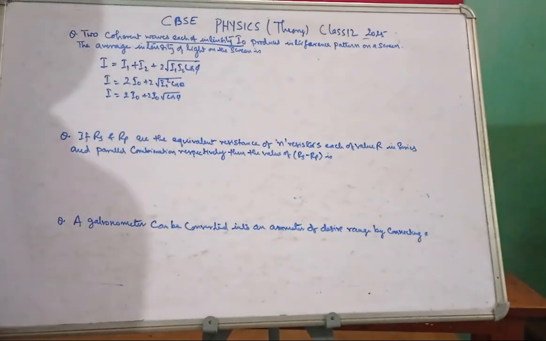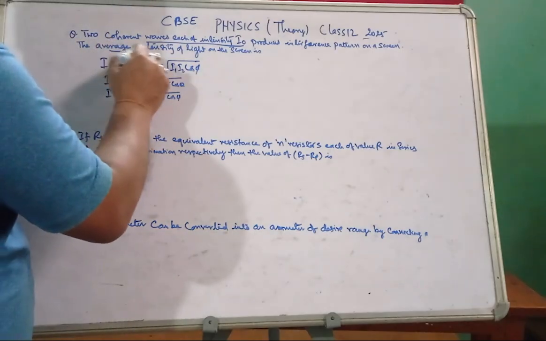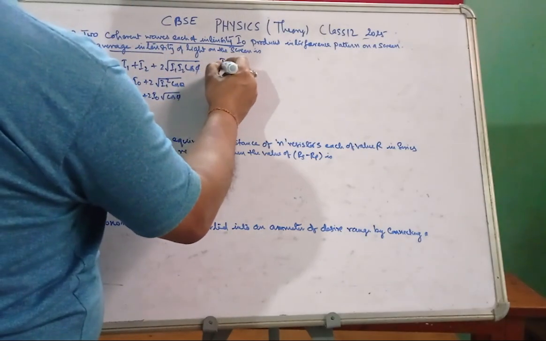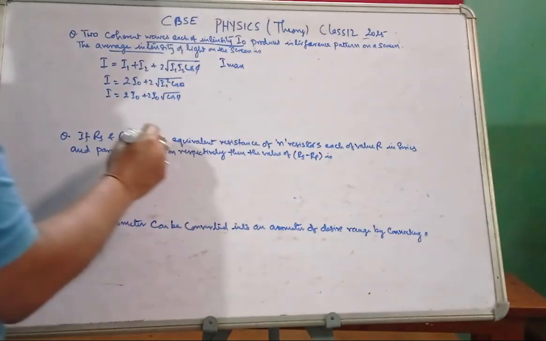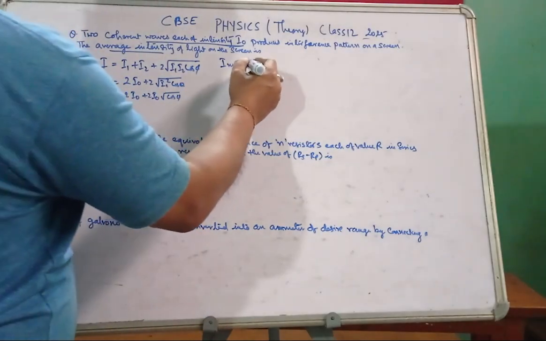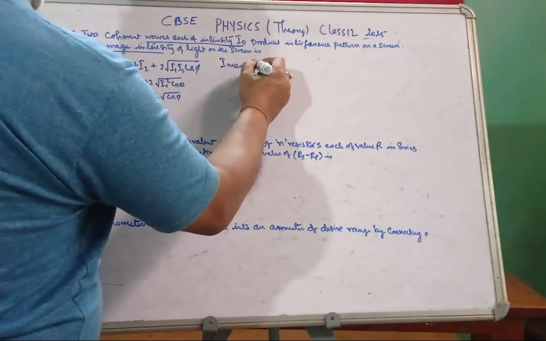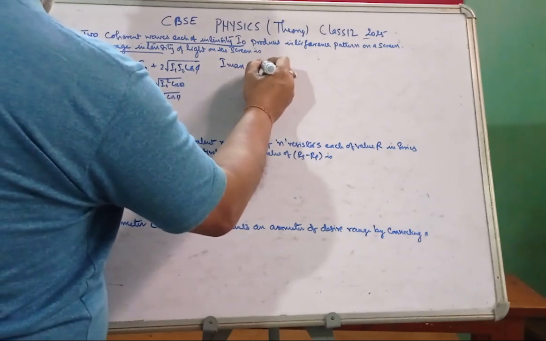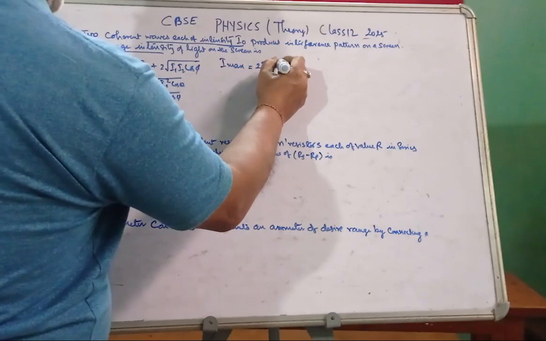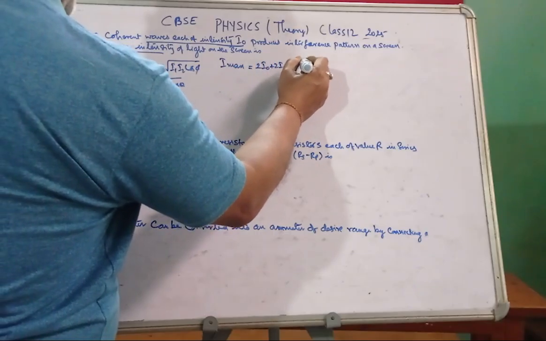So you have to find the average intensity. I max will be when cos phi is equal to 1, that is 2 I naught plus 2 I naught, which equals 4 I naught.